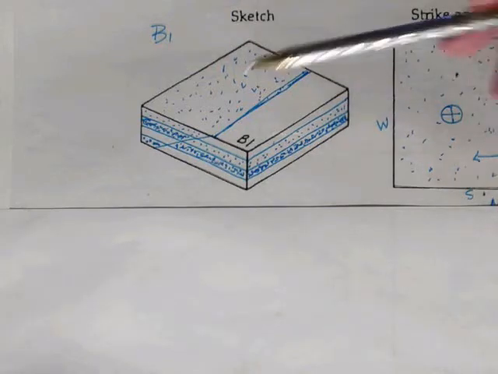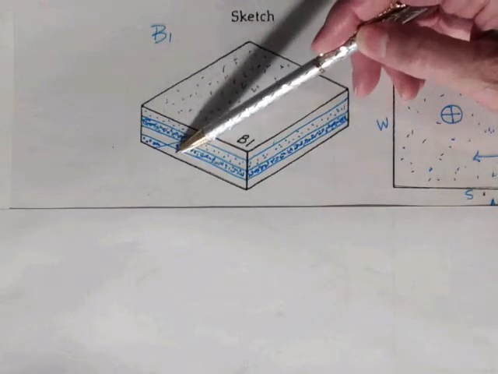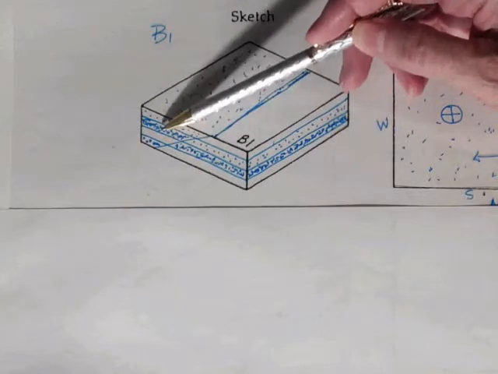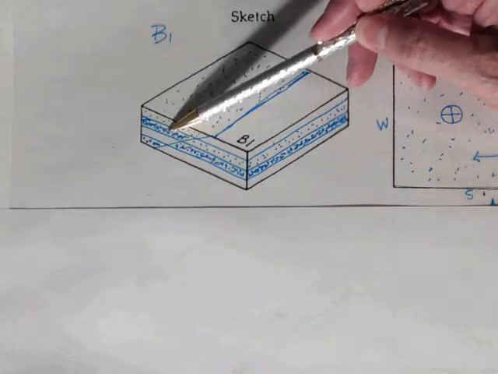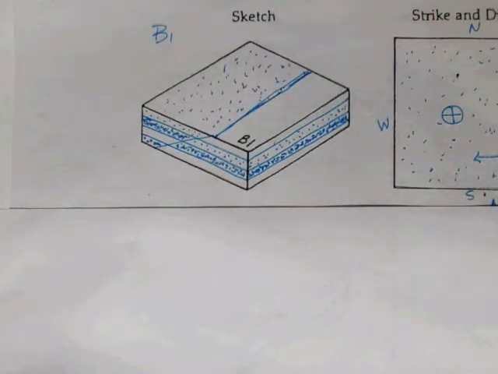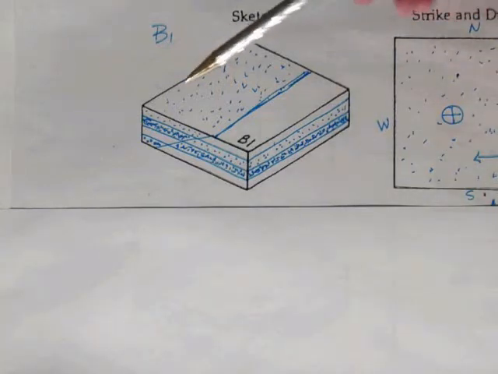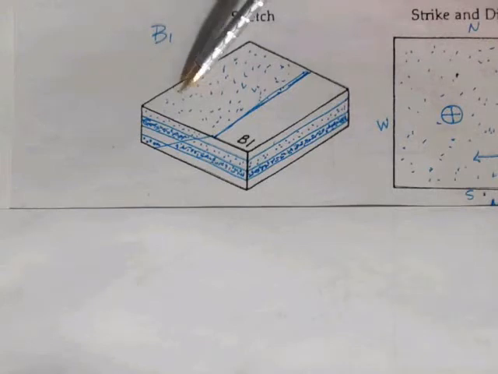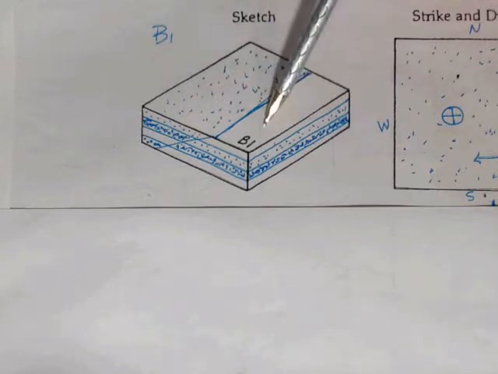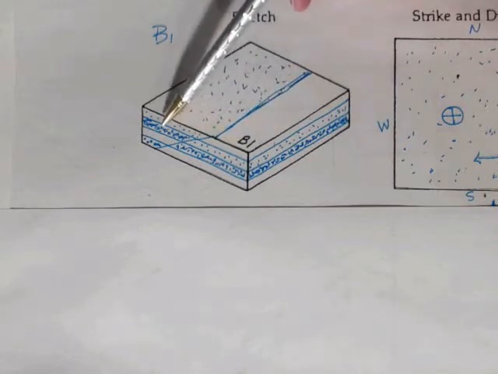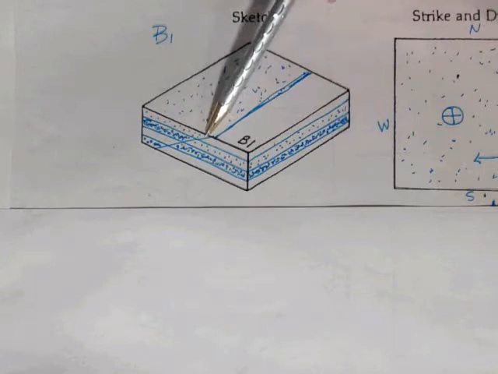You can tell that there's been motion because this layer and this layer used to be together, and that layer and that layer used to be together. So actually it's this west side over here that has moved up and over this east side over here.